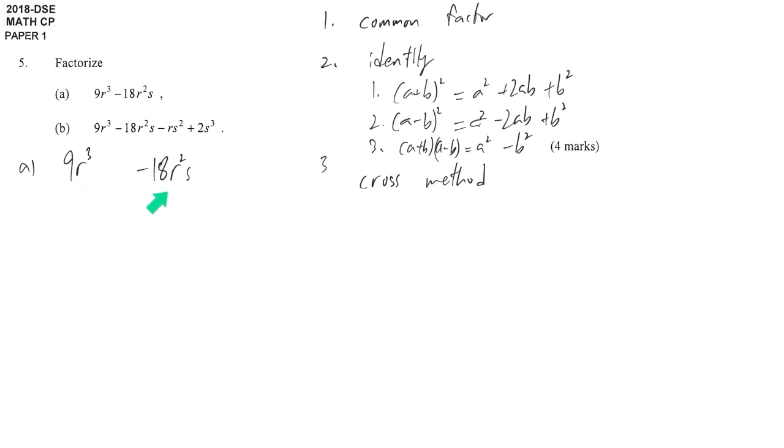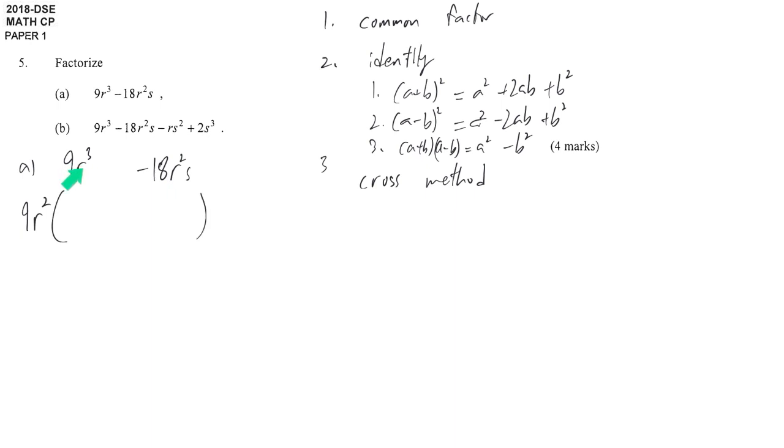We have two terms, and then we have to check is there any common factor. 9 and 18 are both divisible by 9, so we can extract 9 as the common factor. Furthermore, R exists in left hand side and R also exists in this term, so at most we can take out power of 2 from both terms, so we can extract R power of 2.